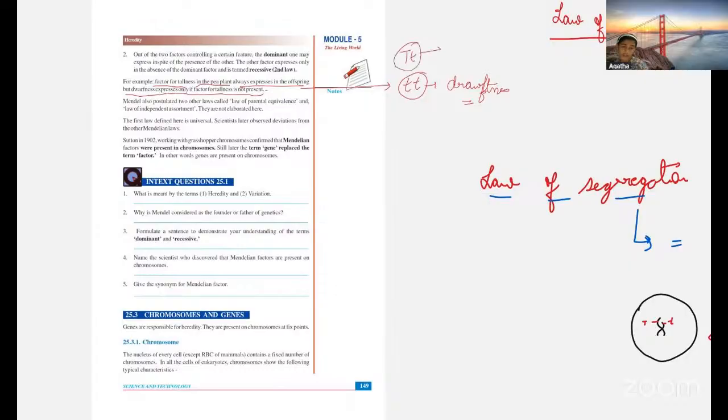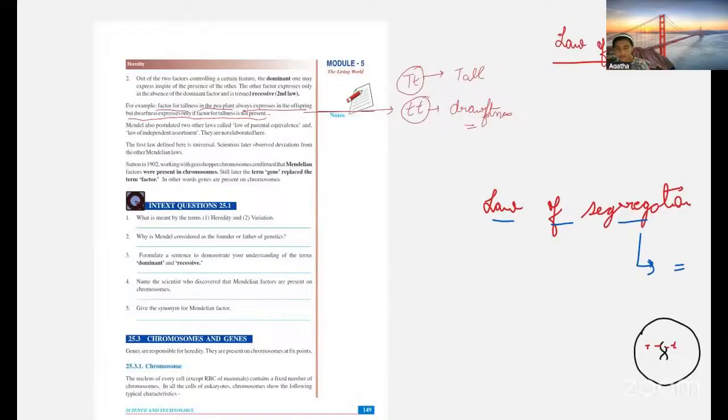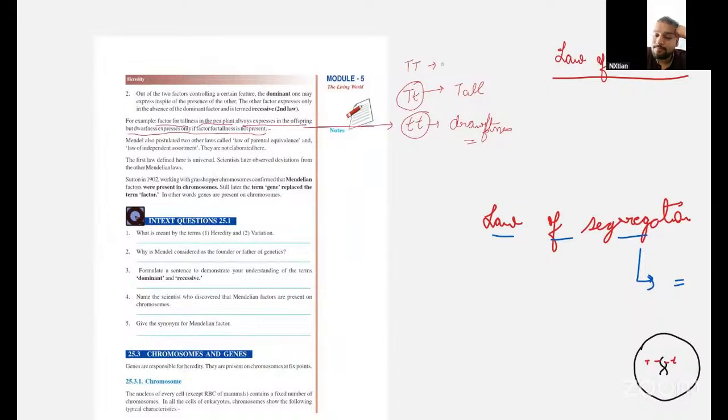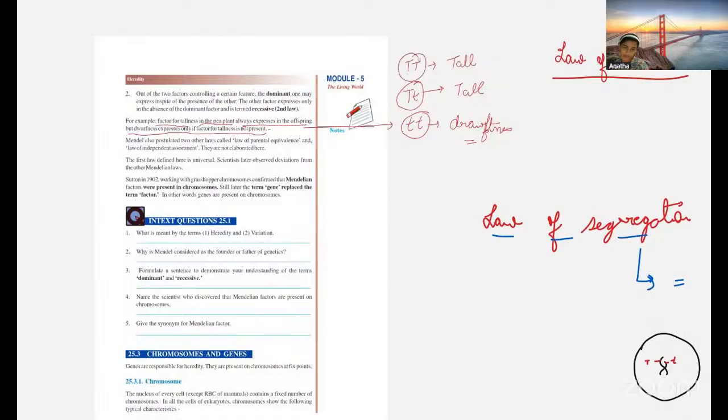Capital T is stronger than small t and wants the plant to be tall, so the plant will be tall. The simple answer is dominant character. Understood?